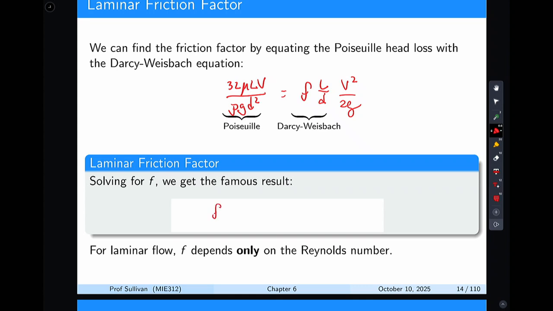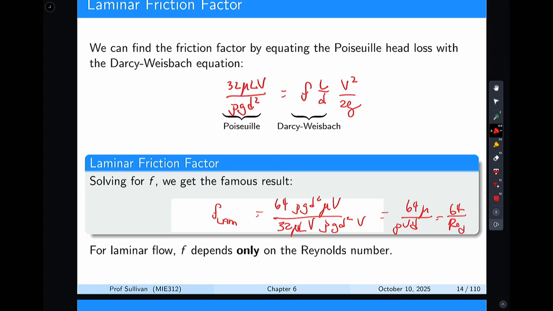So the laminar friction factor equals 64 rho g D squared over mu V, times mu L V over rho g D squared, which gives 64 mu over rho V D, or 64 over Reynolds number.